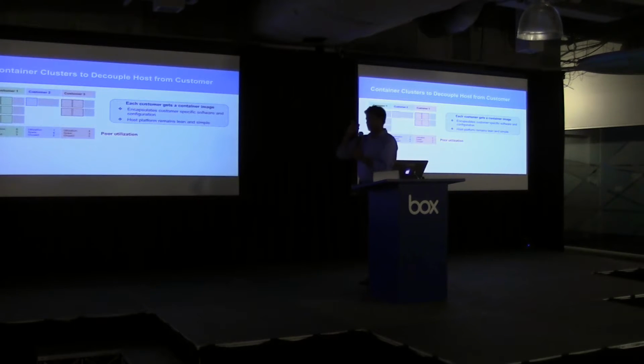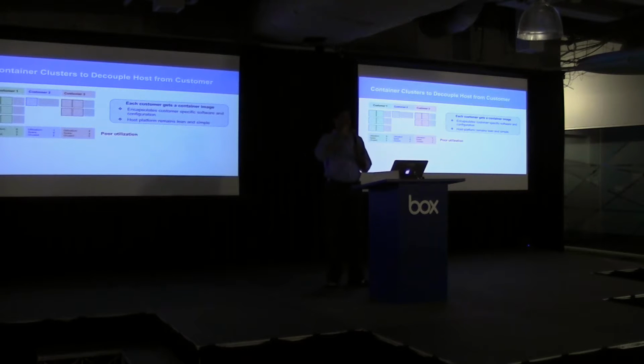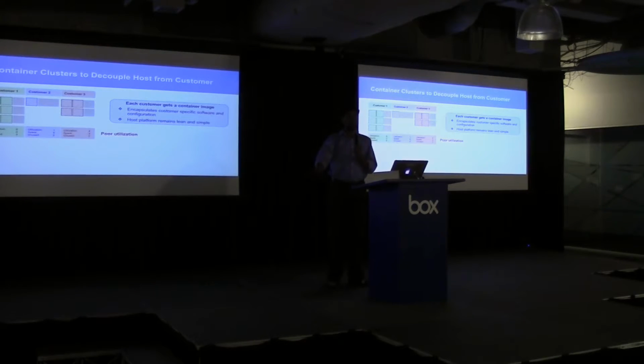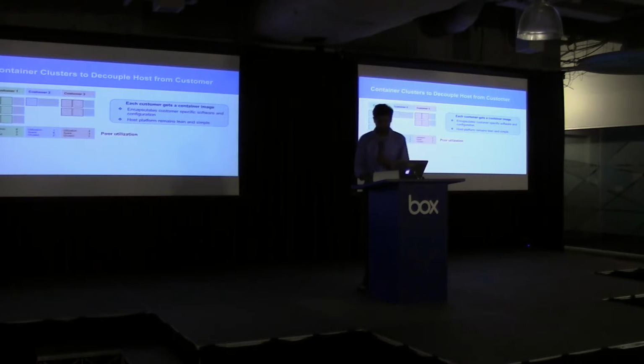So now we can map each customer to a particular container image, and we would then be able to change the software context for different customers individually. So we don't have to change our base platform, which is a much larger maintenance burden.